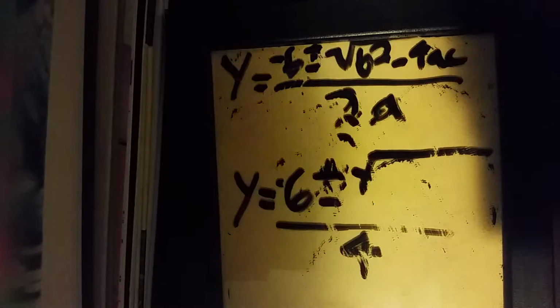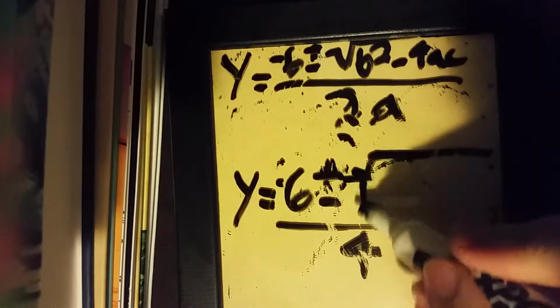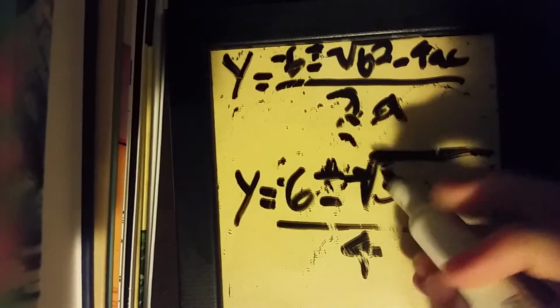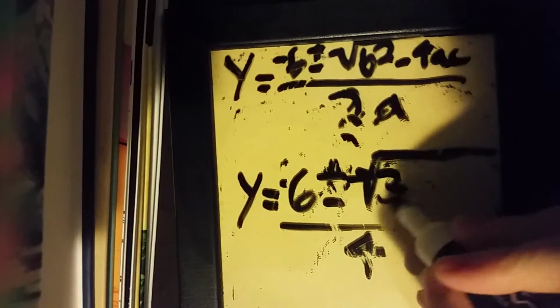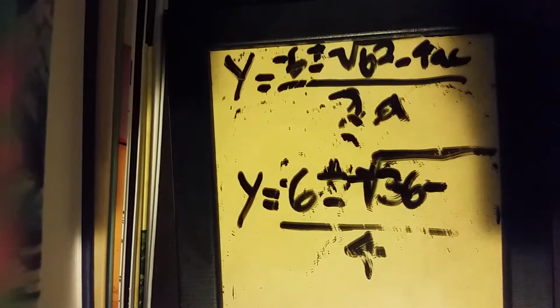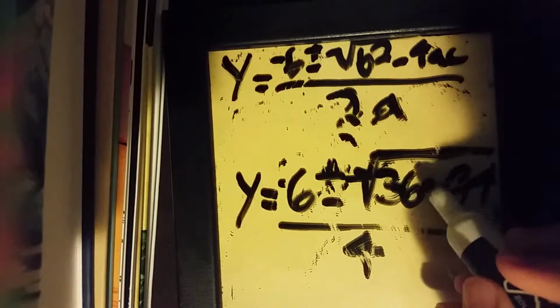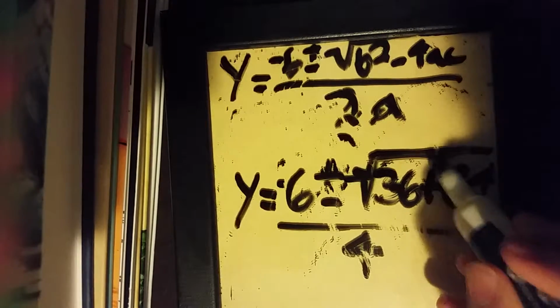And then negative 6 squared would be 36. 36 minus, then we have 4 times 2, which would be 8, and then 8 and 8 would be 64. I'm pretty sure it's 64. Stick with that for now.